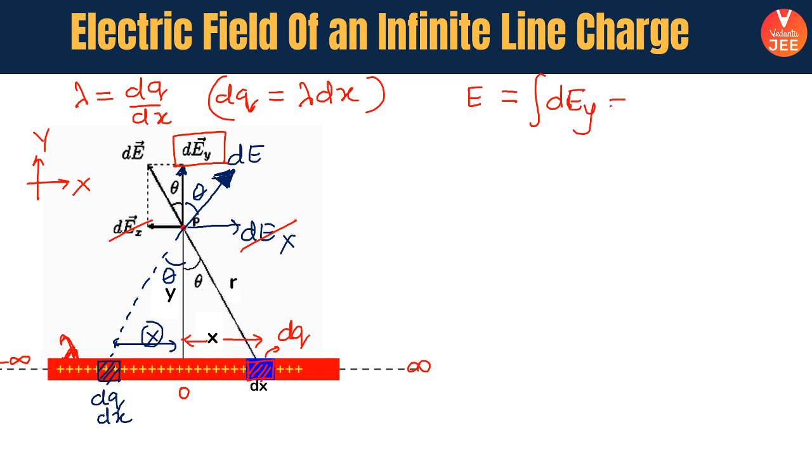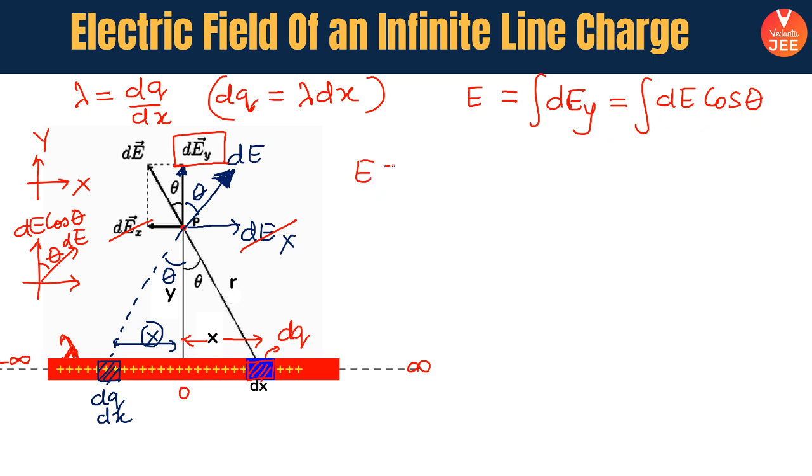And what is dEy? It is nothing but dE cos theta. How do we come to that? Say this is your electric field dE and this angle is theta, then this component is dE cos theta. This one is dE sin theta, but that got cancelled. So that's why we are interested in dE cos theta.